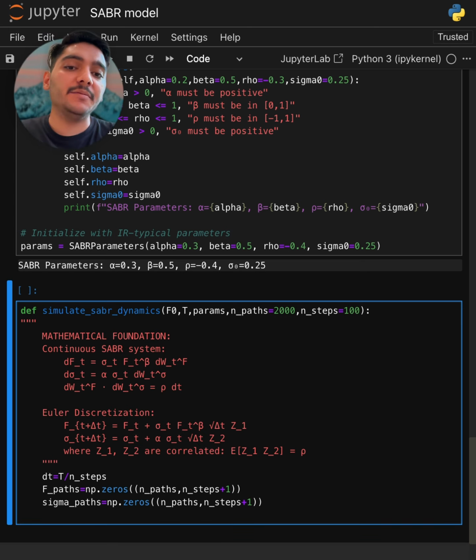The next step is the initial condition. Set the starting values of all paths. All simulations start from the current market state: f0 is equal to f naught, sigma 0 is equal to sigma naught for all paths.